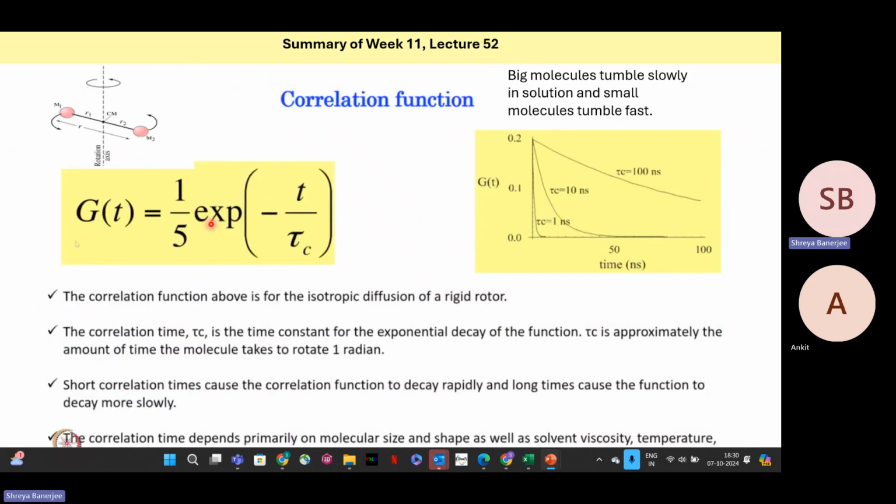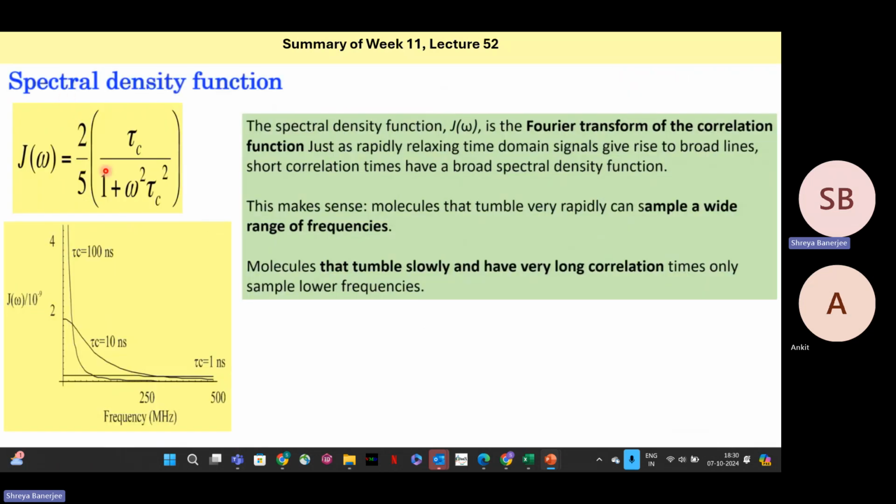Now, we defined a term, the correlation function. Now we'll define another term called the spectral density function. The spectral density function is the Fourier transform of the correlation function. Just as a rapidly relaxing time domain gives rise to broad lines, short correlation times will have a broad spectral density function.